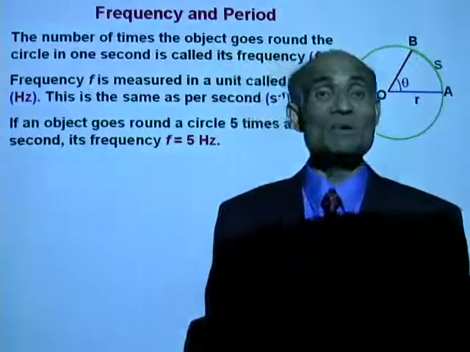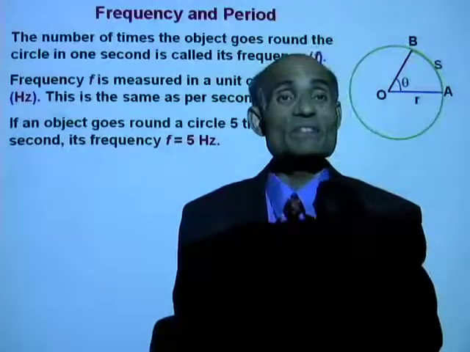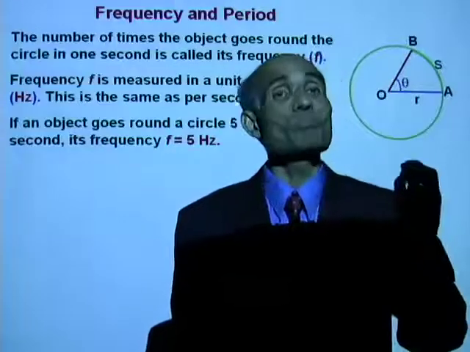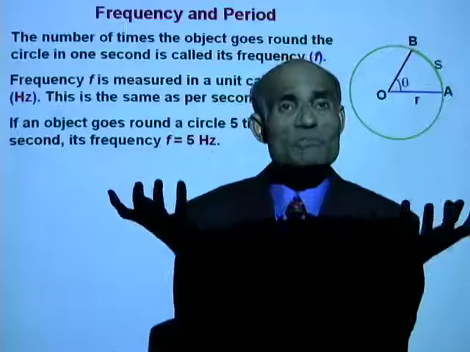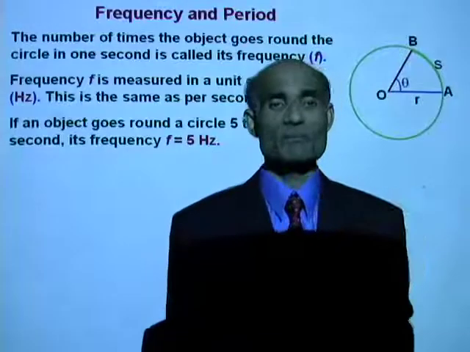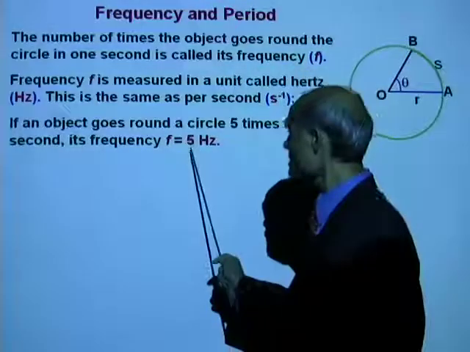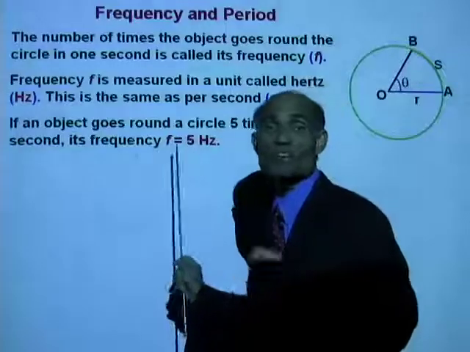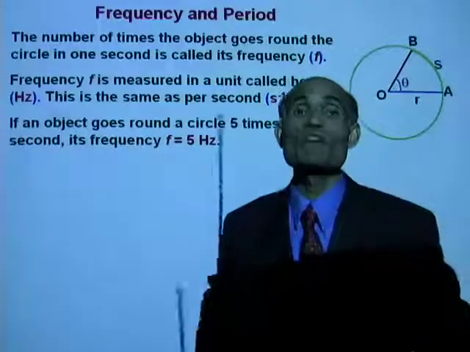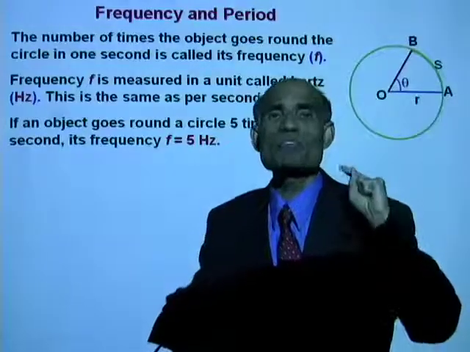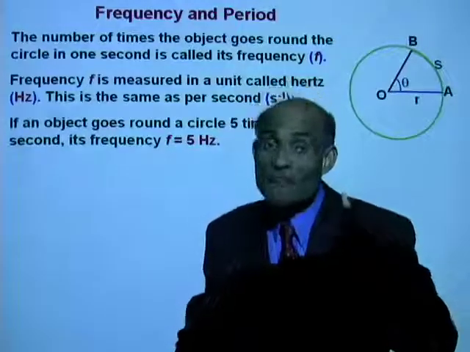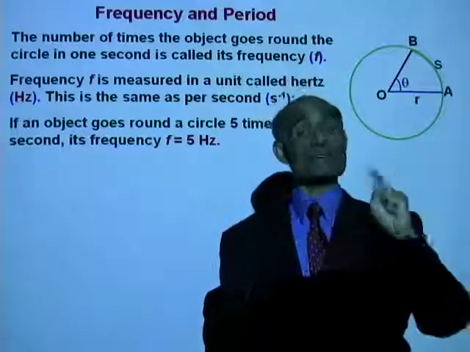Alright, can you give me a relation connecting frequency and period? Is there a relation existing between frequency and period? Let's take this example. The frequency is 5 Hertz, which means the object will go round 5 times in 1 second.